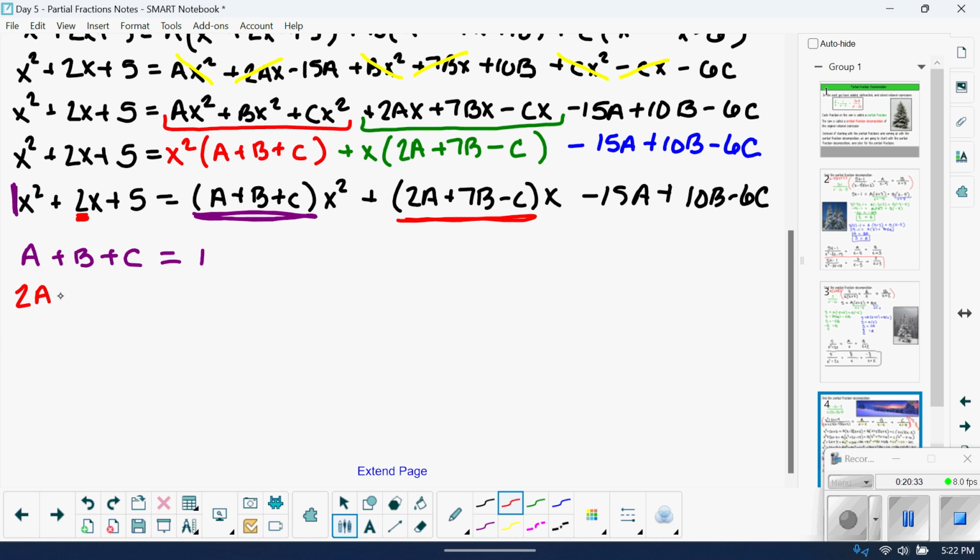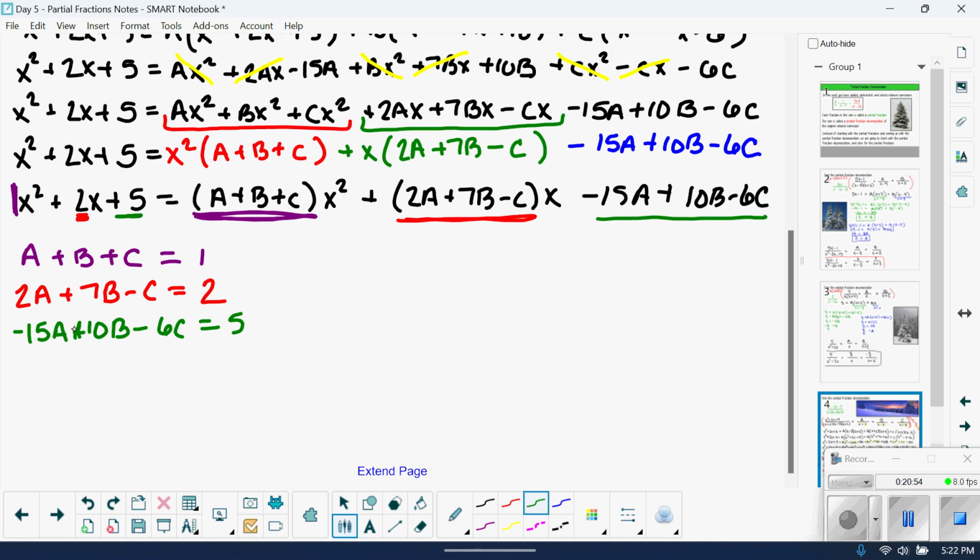So 2a plus 7b minus c has to equal 2. And then my constant is a 5. That has to equal the constant we have here. So negative 15a plus 10b minus 6c has to equal 5.